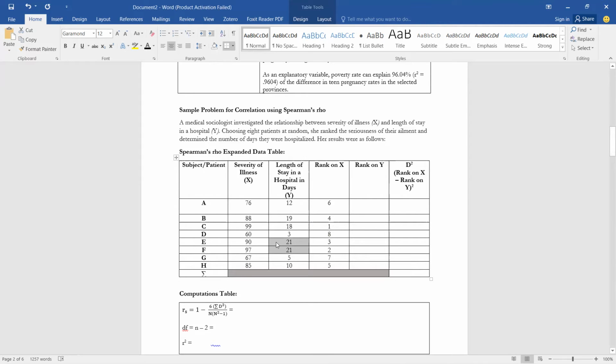So 21 plus 21 is 42 divided by 2, right? Oops, sorry. I misunderstood that. We just need to find out how many subjects we are trying to break the tie for. So we have 2.